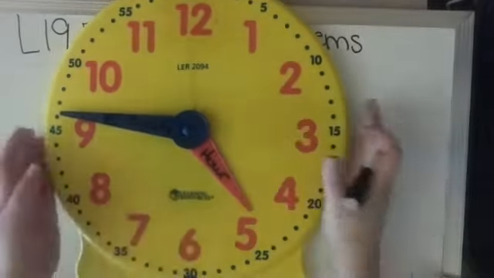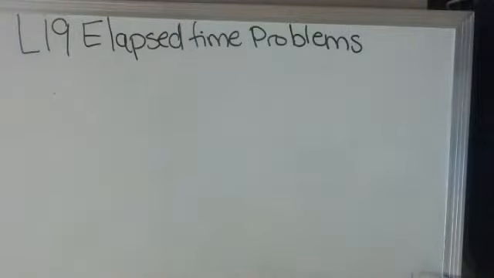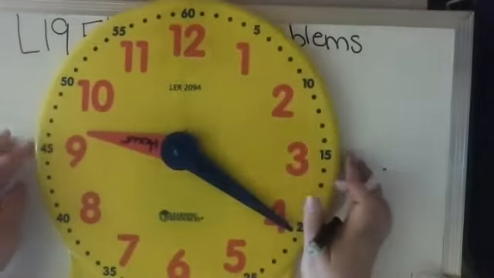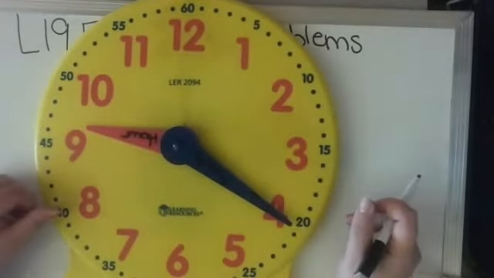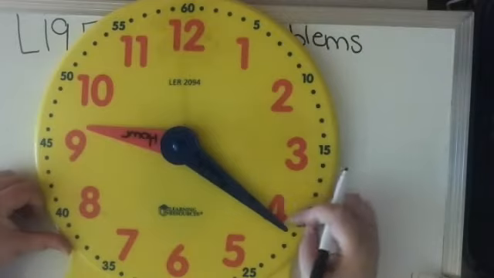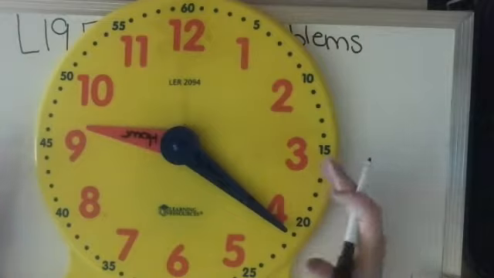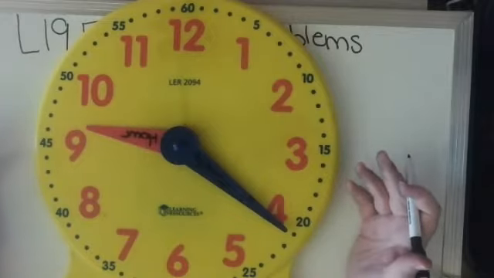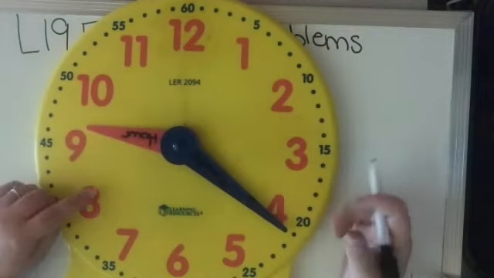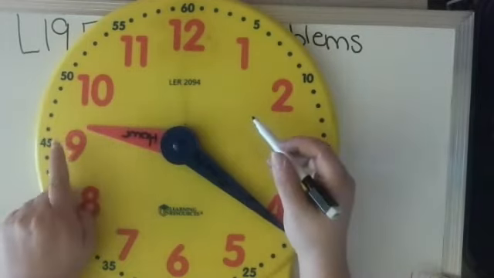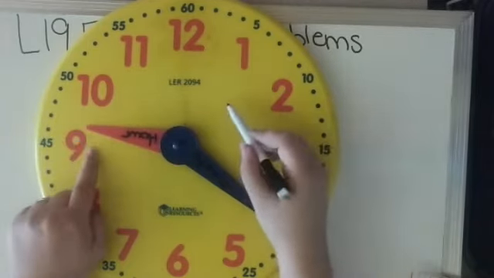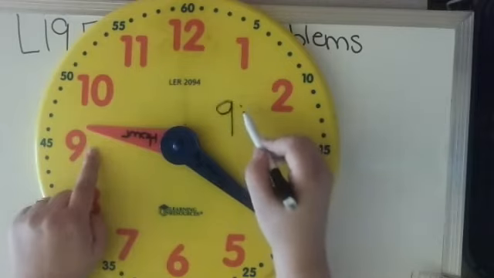Okay, let's look at another one. This one. This is almost the same placement for hands, but the hands are now in different places. Our hour hand is not at the 10 yet, so it is 9, and we're going to say this is in the morning.